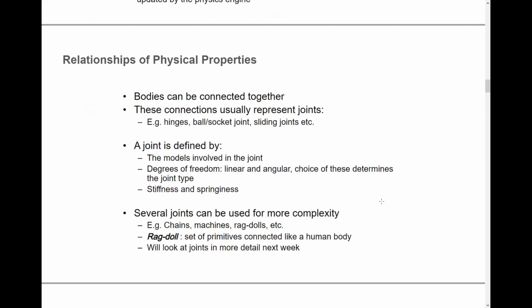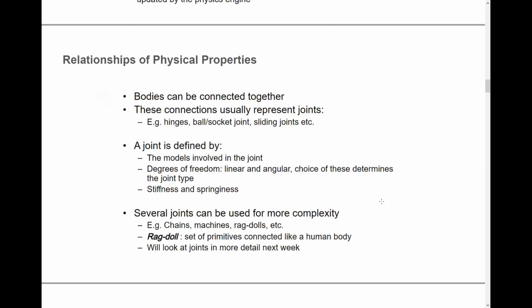A joint, look at the third bullet point, is defined by the models involved in the joint, degrees of freedom, as in linear motion, angular motion, then stiffness. So a joint is defined by these three things. What are the models involved in it, the bodies involved in it, degrees of freedom, and then the stiffness.